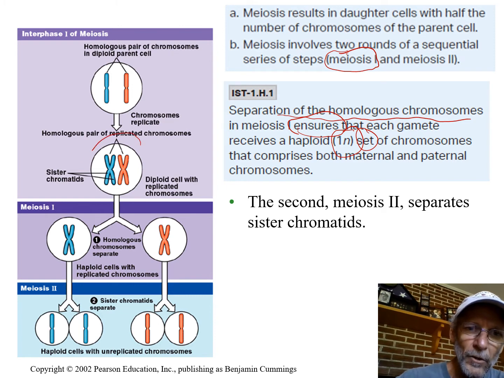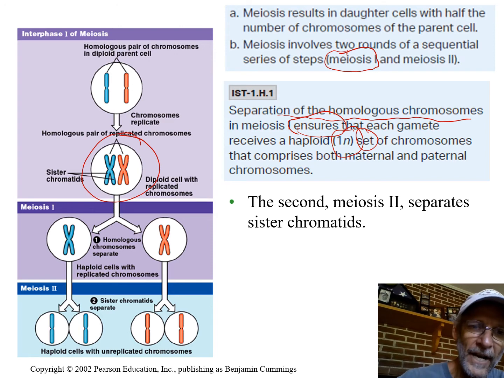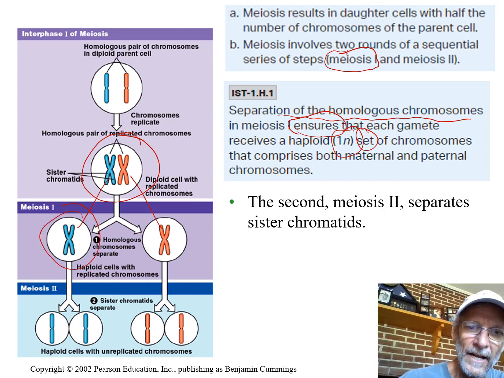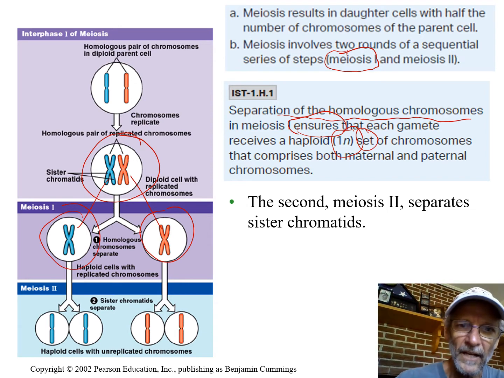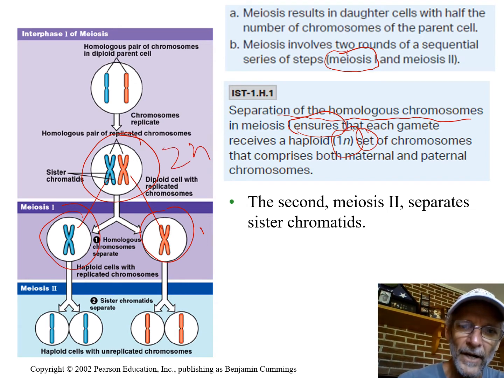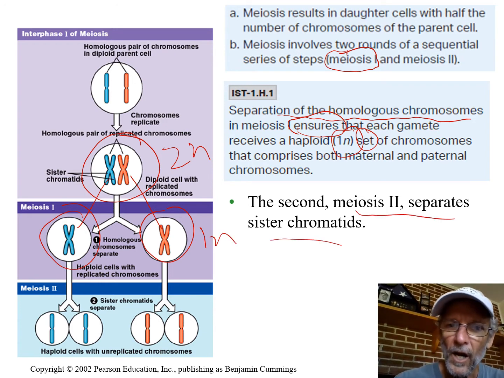Here's a cell with two of that kind, of which there's only one kind in this cell. There's just one kind of chromosome, two of them, a homologous pair, and meiosis 1 has accomplished separating and producing cells with just one of each kind, one set. Diploid here, haploid here, and then meiosis 2 accomplishes separating the copies.